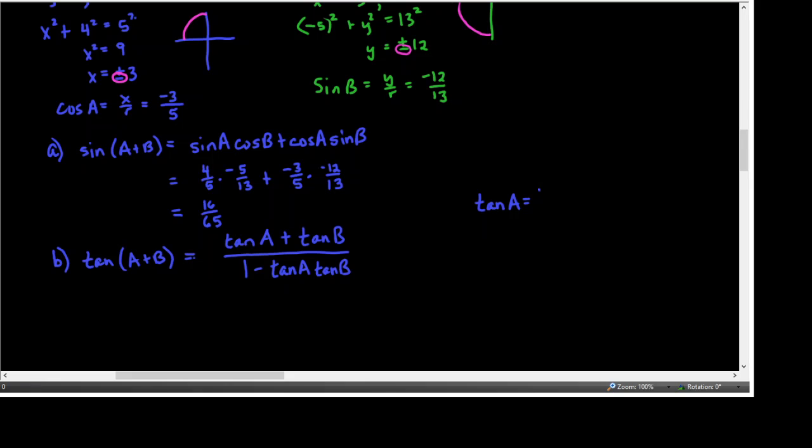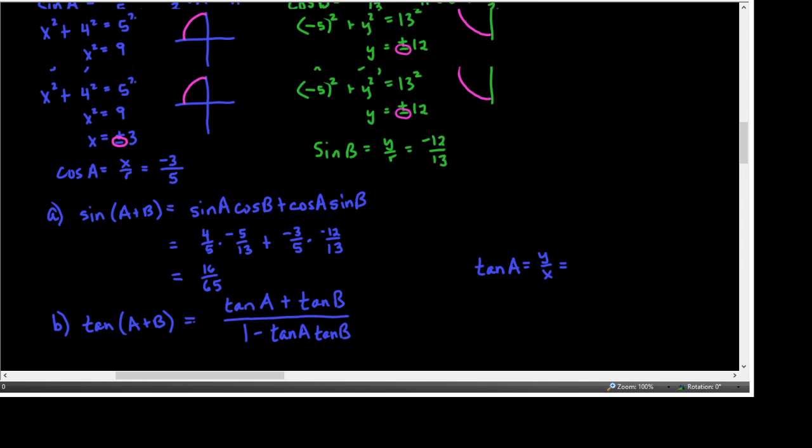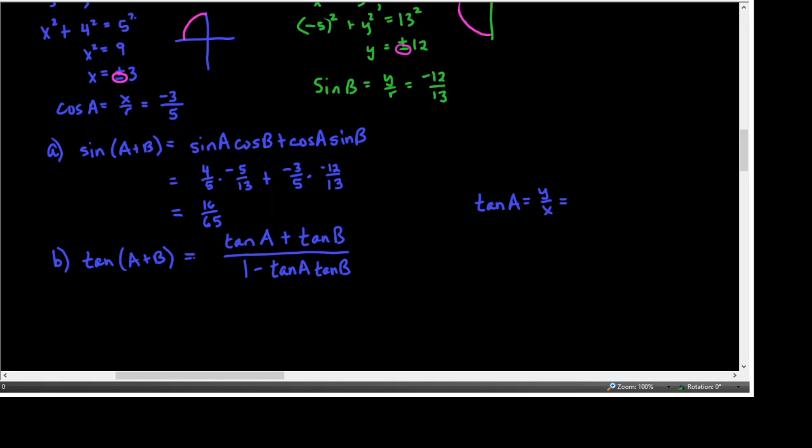Tangent of A is y over x. So our y was, go back up here, y was 4, and x was negative 3. So tangent of A is negative 4/3. Tangent of B, which of course is also y over x, but for angle B, y was negative 12, and x was negative 5.